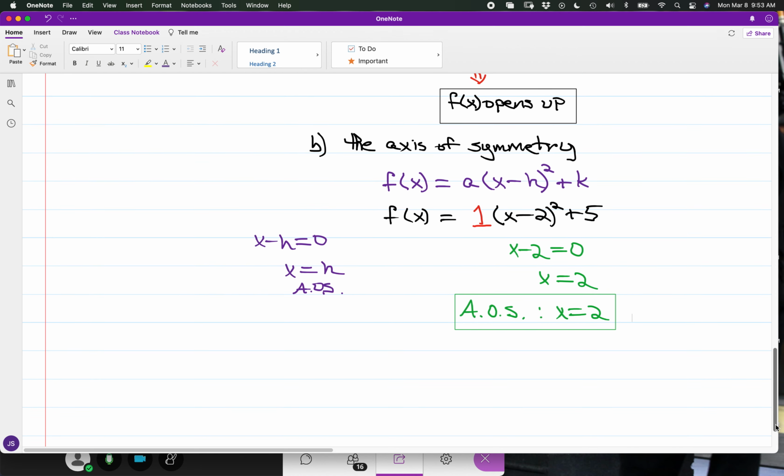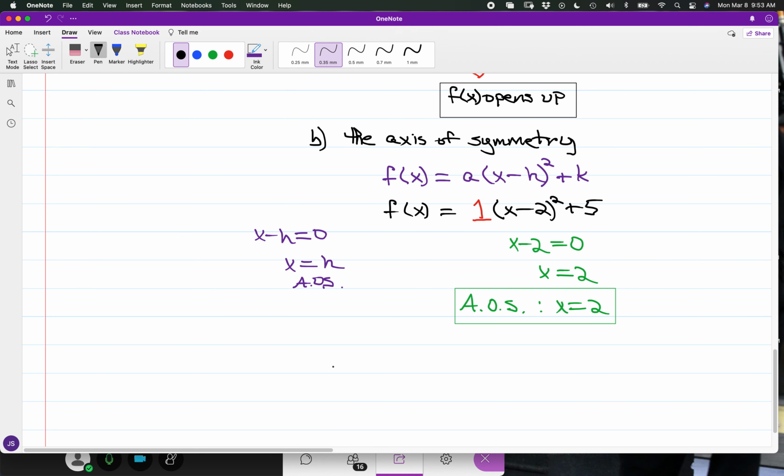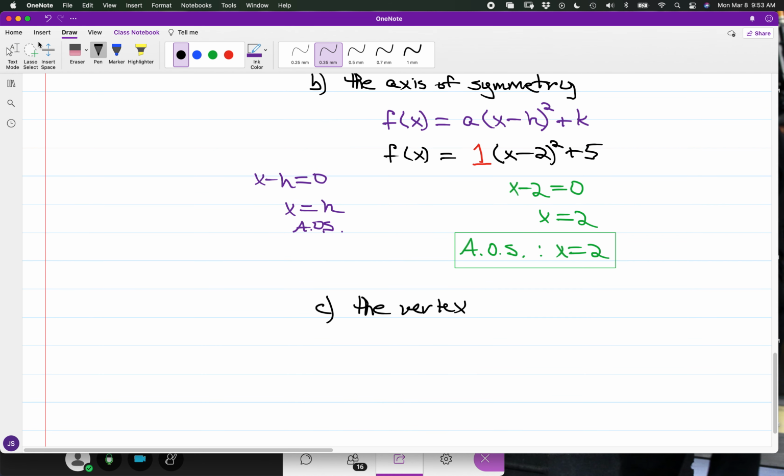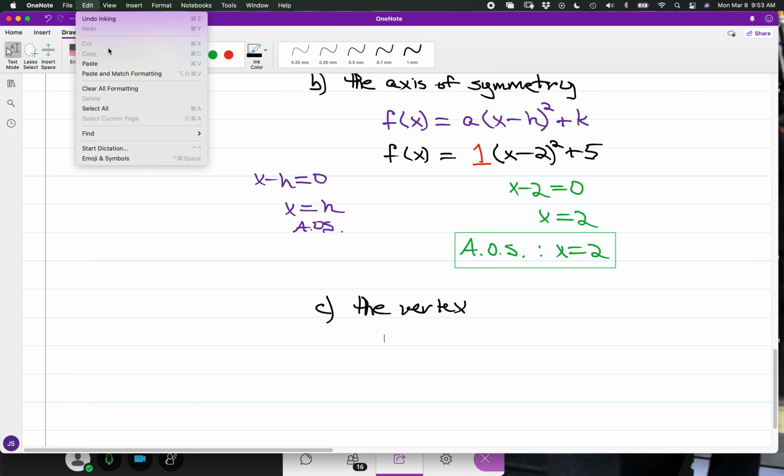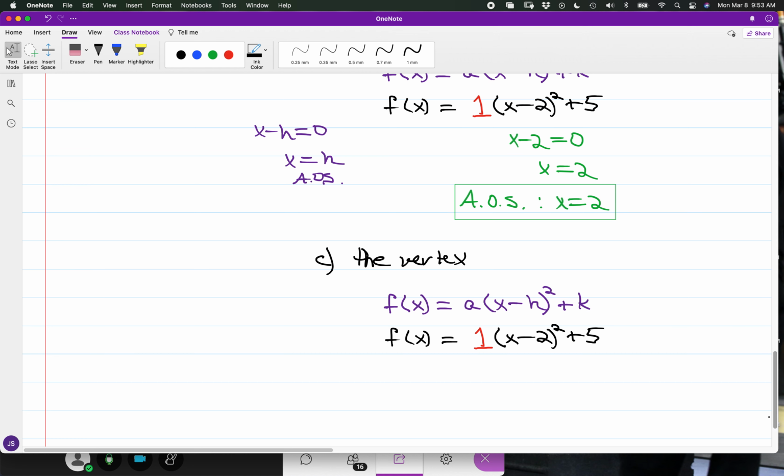And in the case of identifying the vertex, just from earlier, what we have with the axis of symmetry: x minus 2 is equal to 0, x is equal to 2.